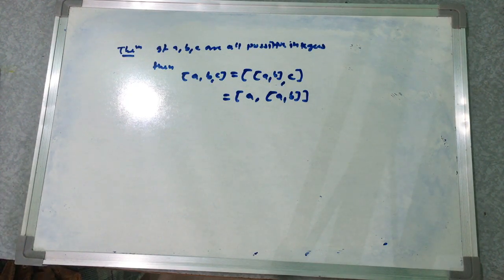So we have again the triple of positive integers. Suppose we have given a, b, c satisfying some conditions, so we will have the result.